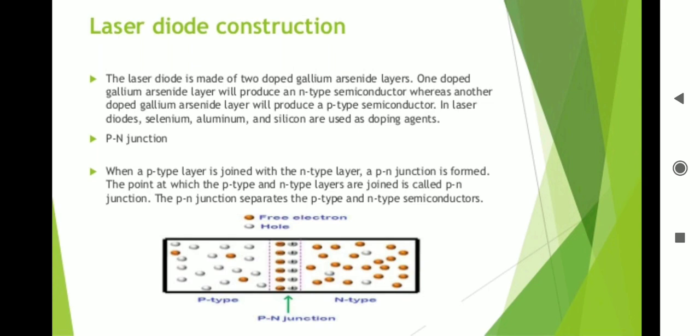Along with this, an additional active layer of undoped gallium arsenide is placed between the two layers. The thickness of this active layer is a few nanometers. The aim of sandwiching this layer between the P and N type layers is to increase the area of electron and hole combination.